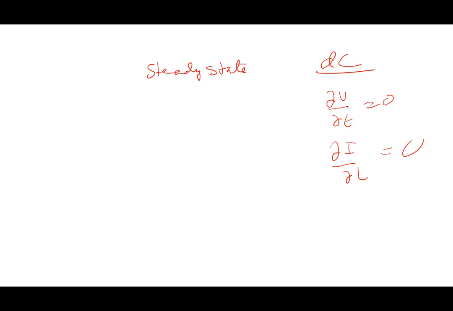Current doesn't change with time, voltage doesn't change with time. In DC, everything is fixed. The basic definition of steady state is that no matter what you take, del by del T of that is 0. Any X could be anything: P, N, J, JP, JN. The derivative with respect to time is 0. That's the basic definition of DC steady state.